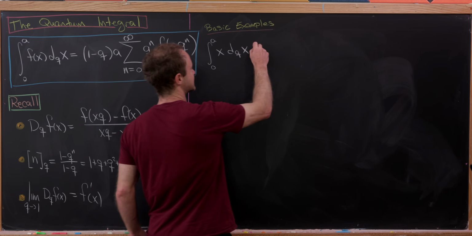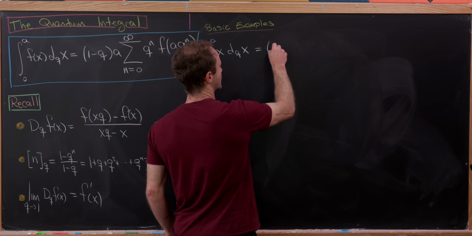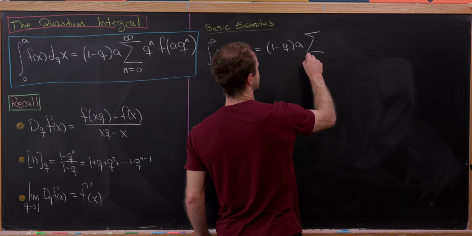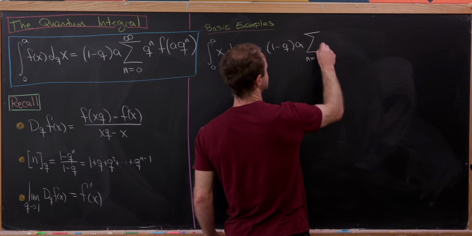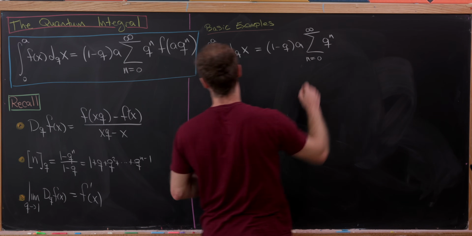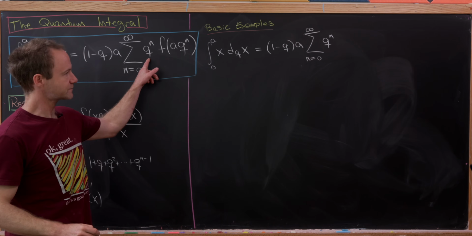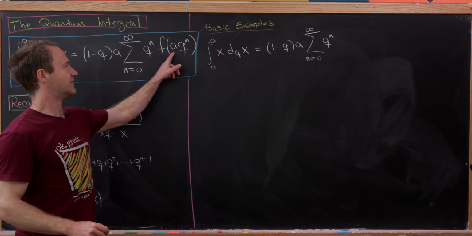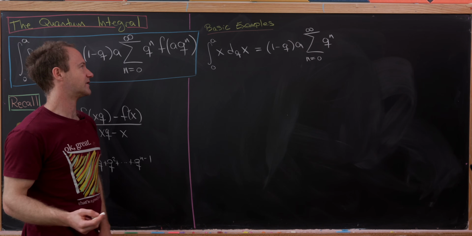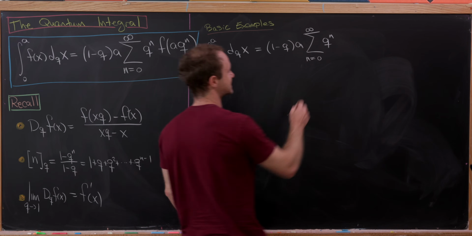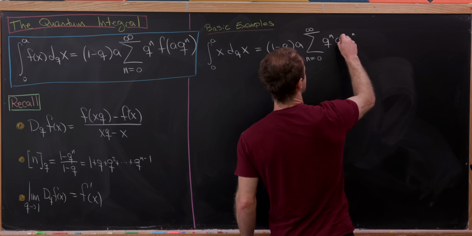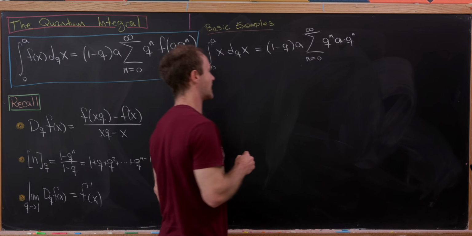Okay, so this is going to be equal to (1 minus q) times a times the sum as n goes from 0 to infinity of q to the n baked into the formula, and then we have f evaluated at a times q to the n. But f is just the identity function, f of x equals x. So that's simply going to give us a times q to the n. So we're left with something like that.